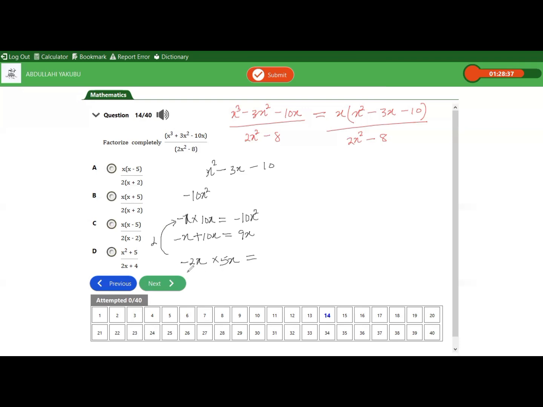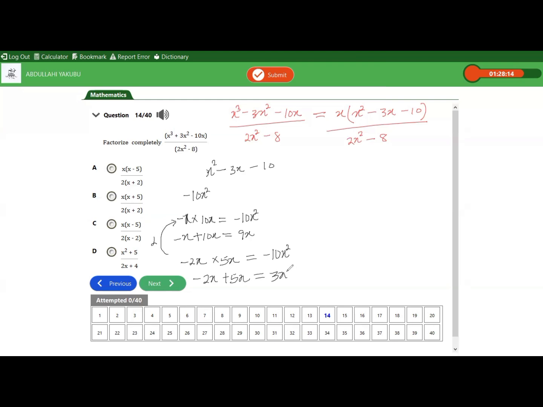So this will give us minus 2x times 5x to give us minus 10x squared. But minus 2x plus 5x will give us what? Will give us 3x.